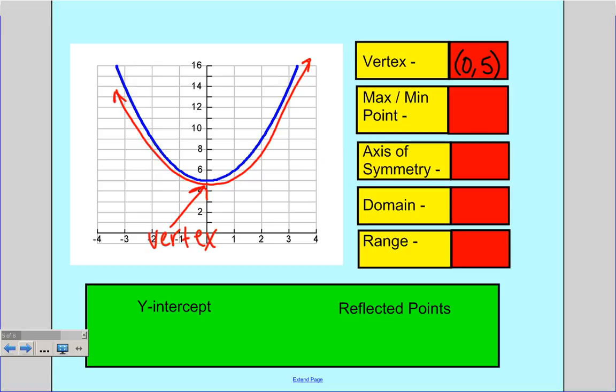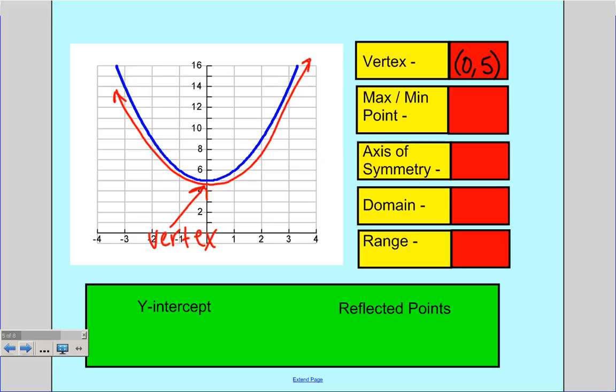Now, not only is that point the vertex, but it's also something else. You notice our graph is going down and it comes back up. So our graph, unlike a line, would go from one side to the other. This one doesn't go from one side to the other. It stops at some point and goes back to the other direction it came from. So every parabola has either a maximum point or a minimum point.